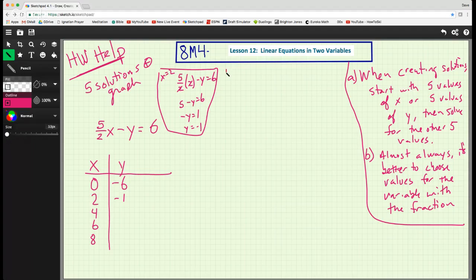Now let's try x equals 4. 5 halves x minus y equals 6. Well, that's 5 halves times 4 minus y equals 6. Cancel, cancel, 2. 10 minus y equals 6. So that's y equals 4. 4 comma 4. Oh, that's neat.